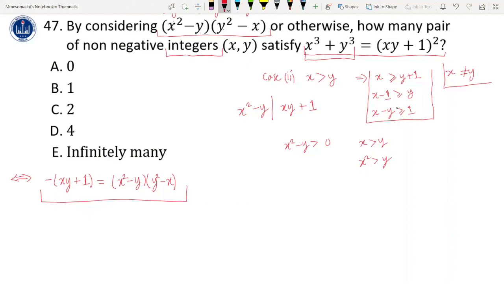And we're considering non-negative integers, so take note of that. Also xy plus 1 is greater than or equal to 1, because xy is greater than or equal to 0. So it means that xy plus 1, that is what is being divided, is greater than or equal to the divisor, which is x squared minus y.